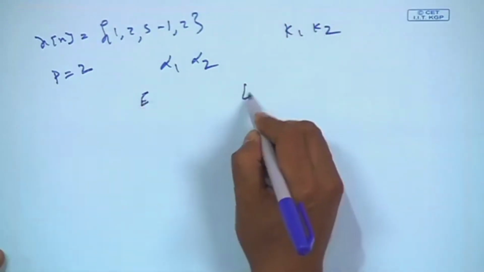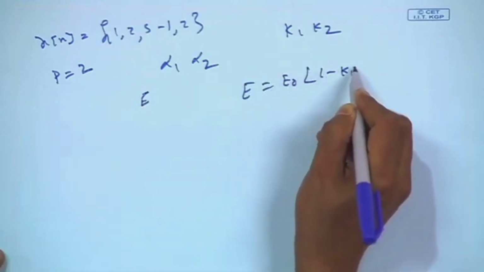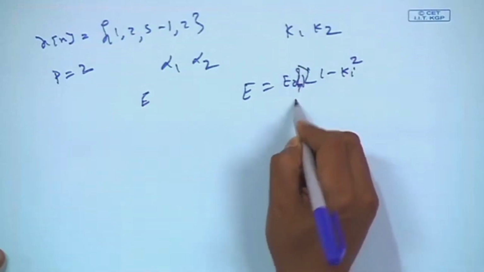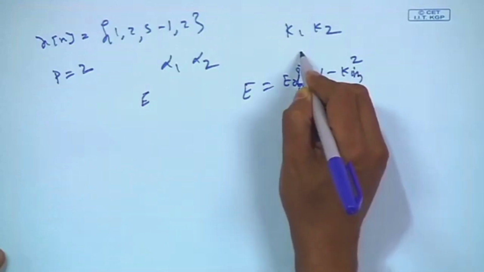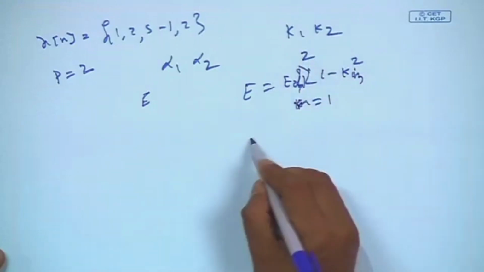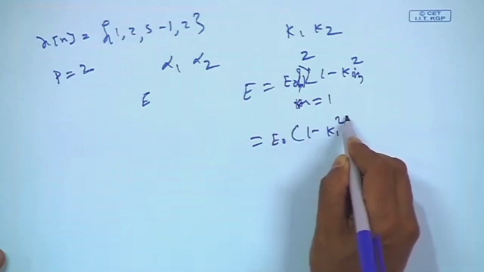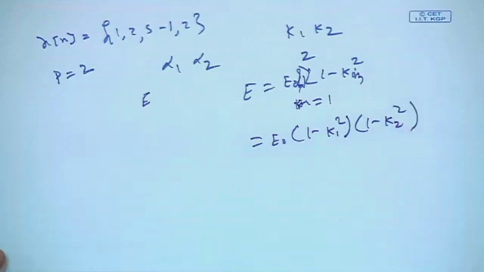So, I can say E is equal to E 0 into the product of 1 minus k_m square, m equal to 1 to order 2. So, it is nothing but E 0 into 1 minus k 1 square into 1 minus k 2 square.